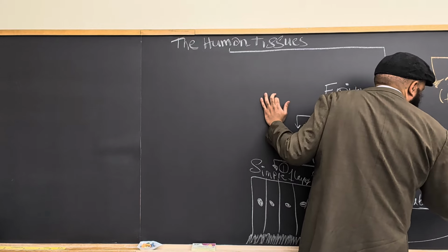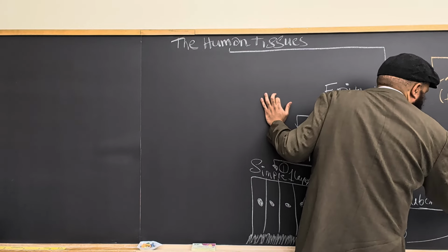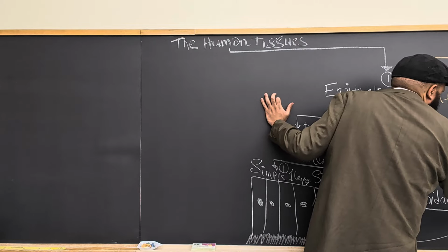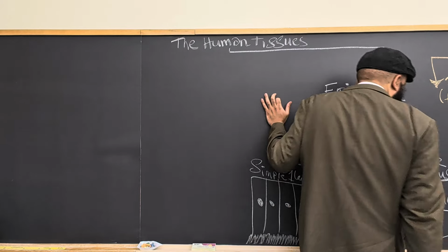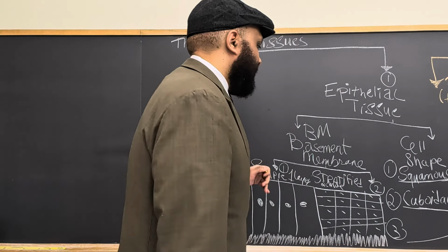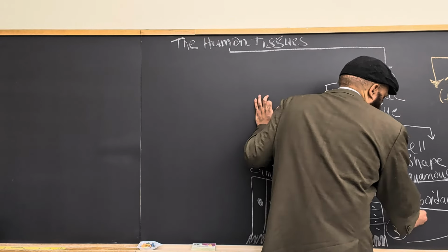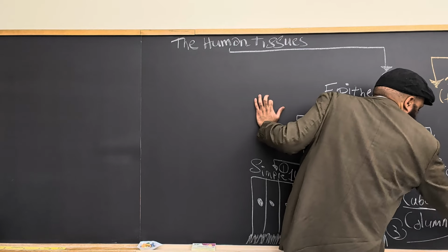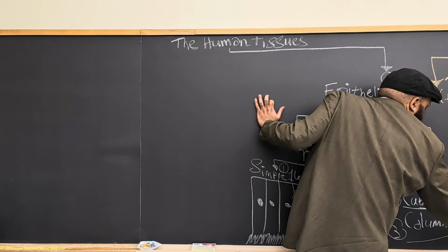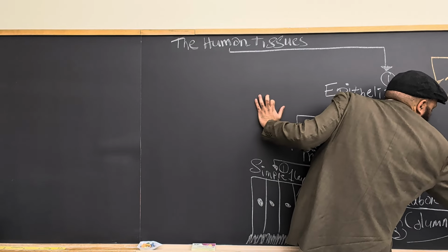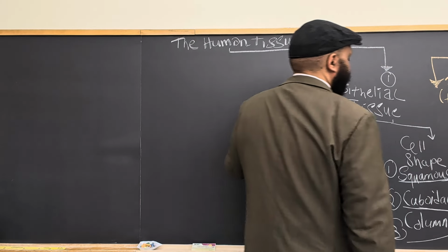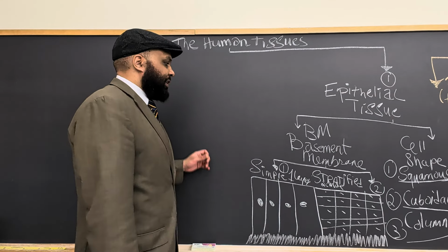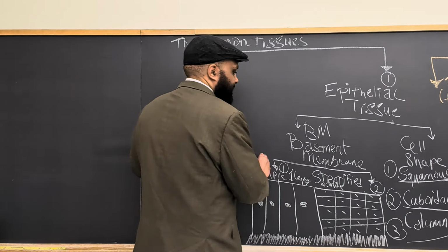There is also cuboidal, which means that a cell has a length and a width, and both are equal. The length equals the width. And lastly, we have columnar. Here you see that the length is way more than the width. Right? So now if I want to classify my epithelial tissue, I mix and match.